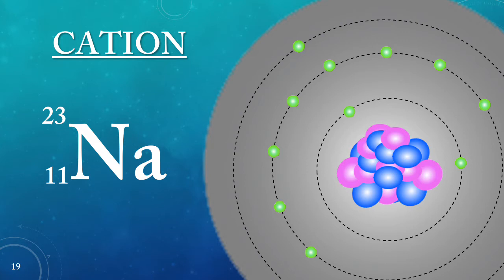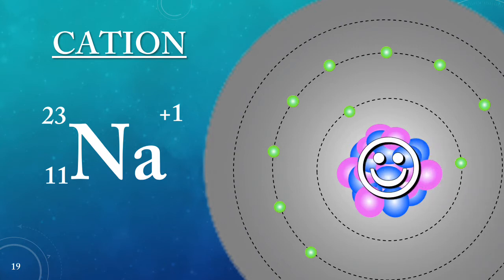How does that become happy? Well, if I take away that last electron on the third energy level, goodbye, it now has 8 electrons on its outer shell. So if we count, we can see that the second energy level now has 8 valence electrons. And guess what? It's now going to be happy. So that's what happens with cations.